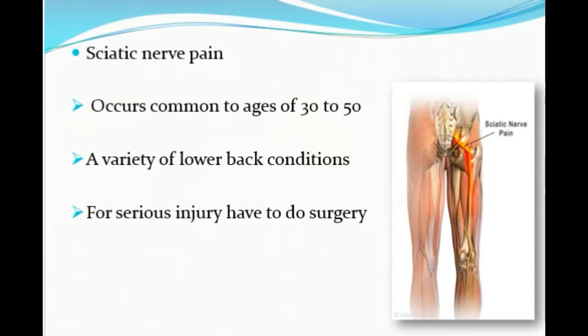For reducing the pain of sciatica, you have to do regular hamstring exercise and stretching. Yoga will also be helpful for reducing the pain. For serious sciatica, you may have to get injections for healing the sciatic nerve.